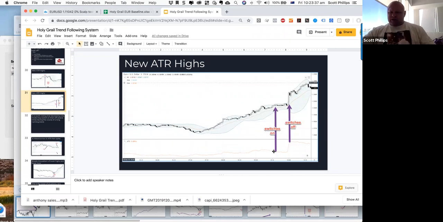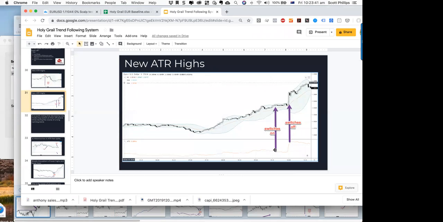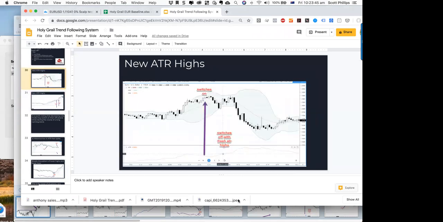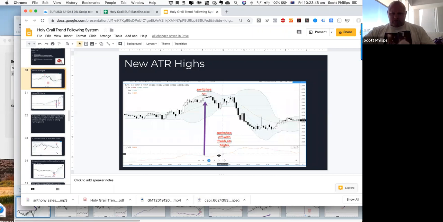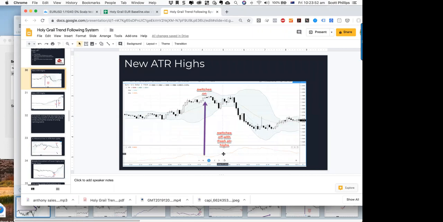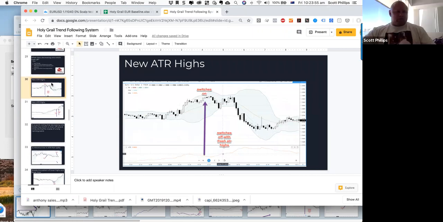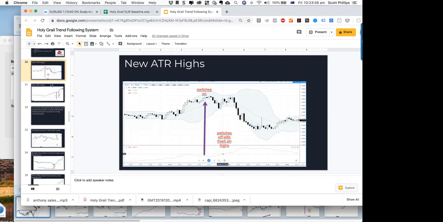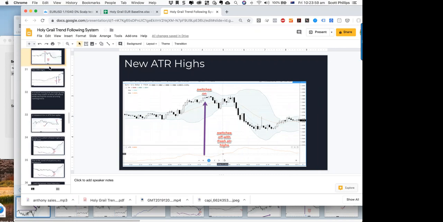This was the example that I showed, right? I think it was the one where you went short. New ATR highs. Okay, this one here. Can you see that? It was a new ATR low. Or no, yeah. It was to go short. Yeah, that might be it. Okay, this one is it.